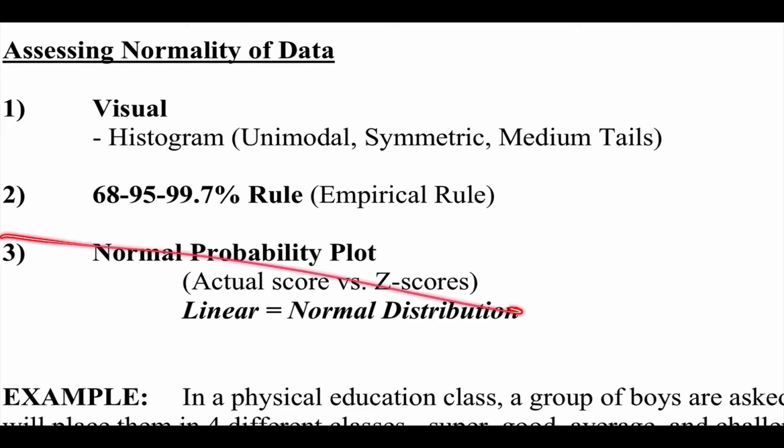It's not required in this class to know how to do that, so don't worry about that one. It's important, but you don't have to know it for the test. You don't have to know it or how to do it or how to assess it. It's a graph that graphs your observed values against the z-scores. That's what it does. Okay.